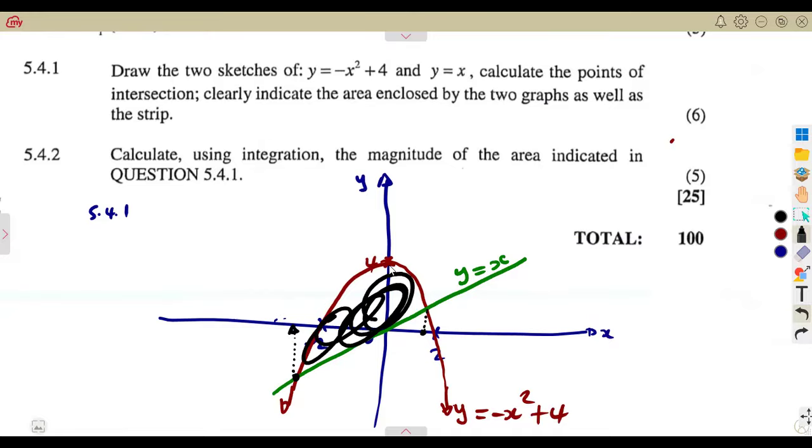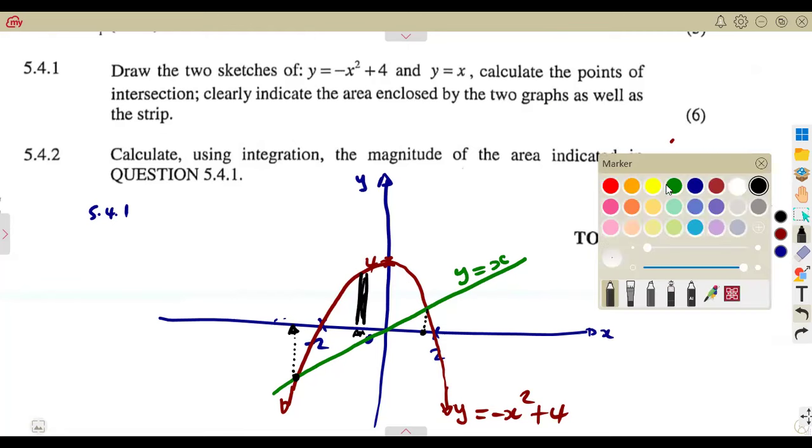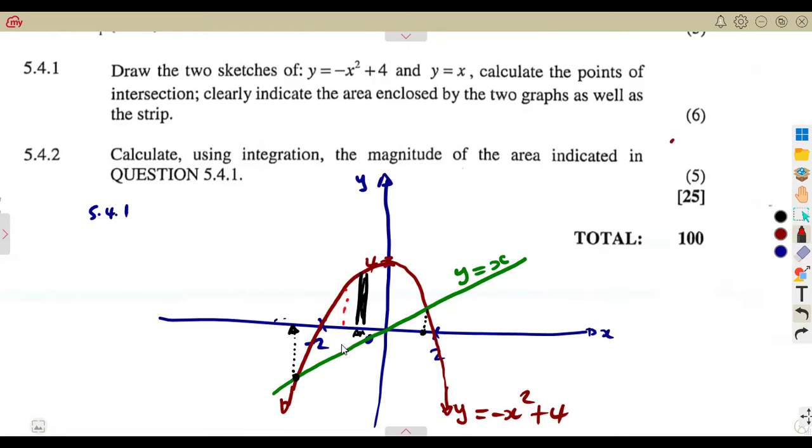As you can see, there's a region remaining in between, closed by these 2 graphs. They are saying present that so that you can use the strip. So the region indicated is this whole part, covered by the 2 graphs. They're saying you must indicate the area, then a strip with respect to x.